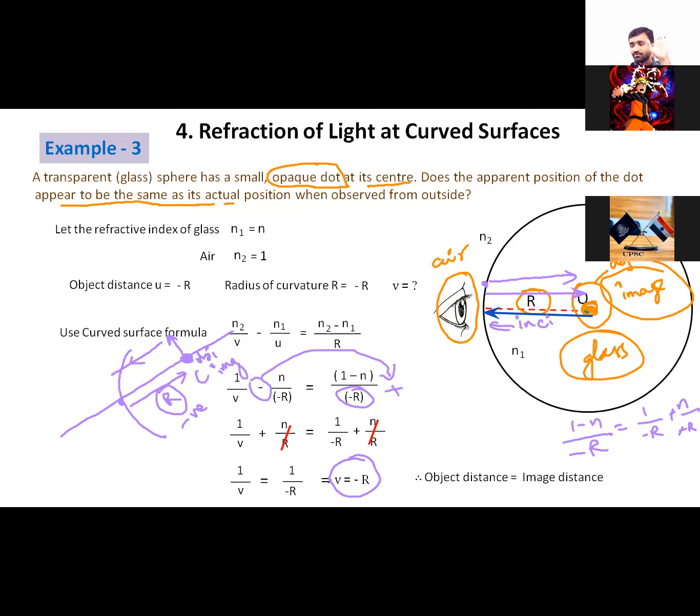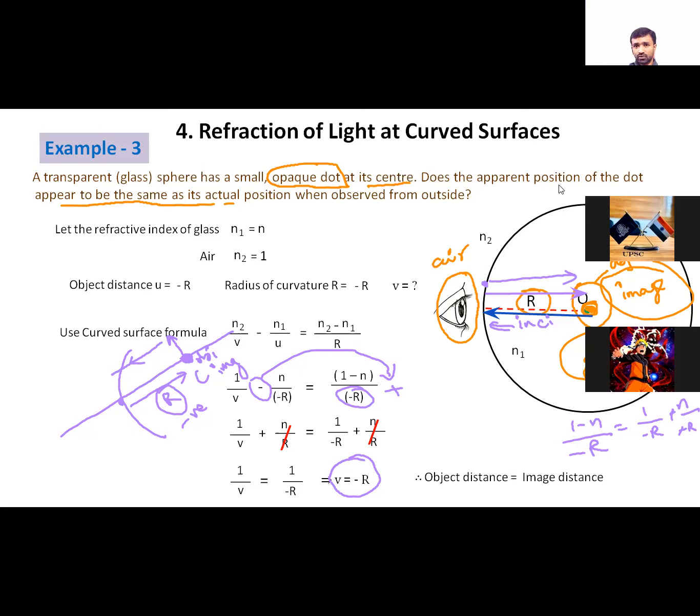Is it clear? So the answer is v equal to minus R. The apparent position and image position are both the same. Object and image are located at the same distance, at the center of curvature. Is it clear?